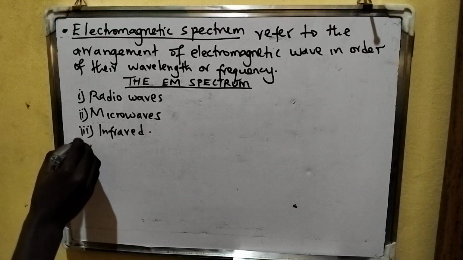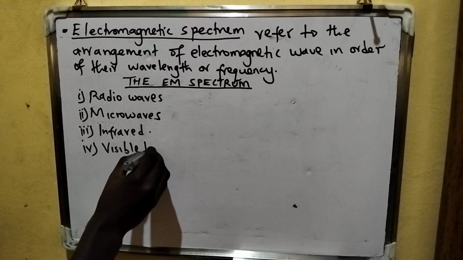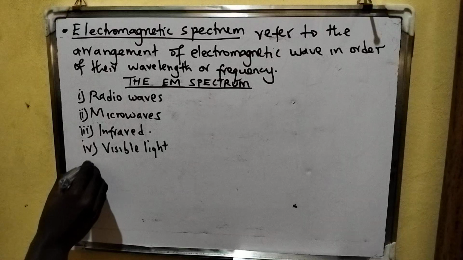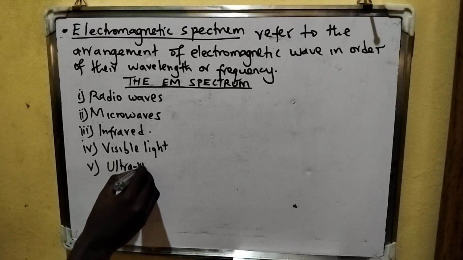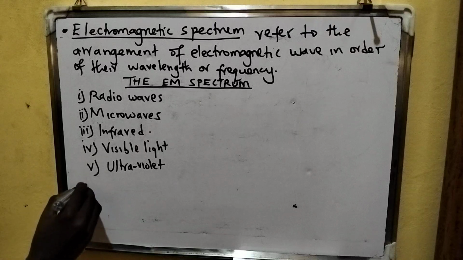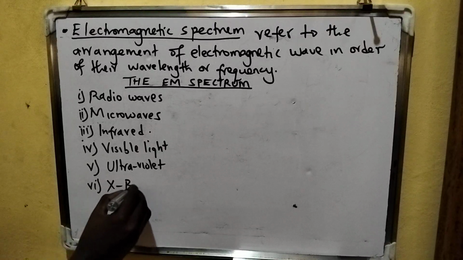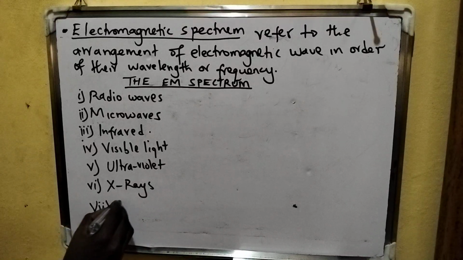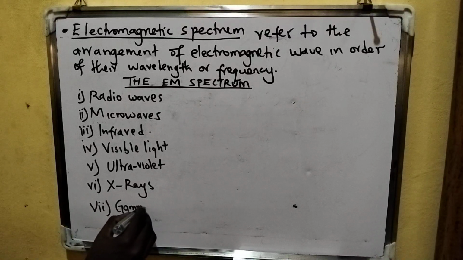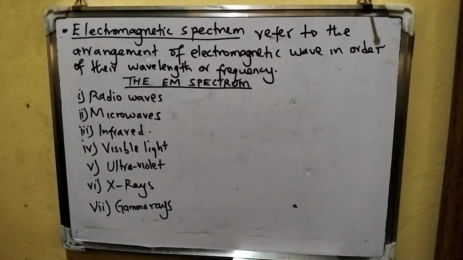Number 4, visible light. Number 5, ultraviolet. Number 6, X-rays. And finally, number 7 is gamma rays. This arrangement, we should be in a position to master it. This is how you can master this order.